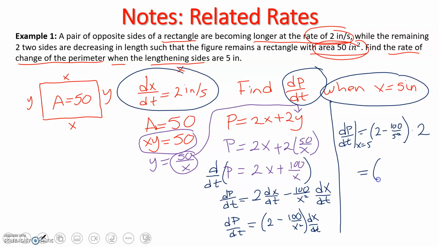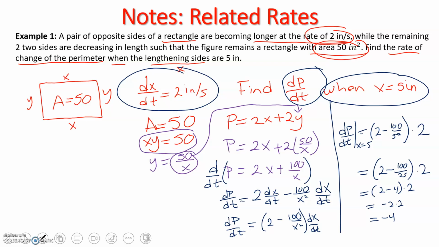That is 2 minus 100 over 25, times 2. That is 2 minus 4 times 2, or negative 2 times 2, or negative 4.